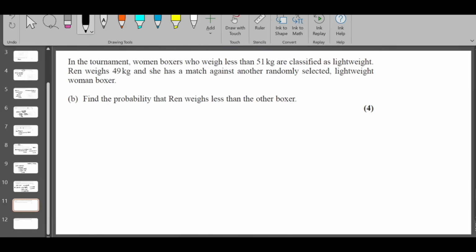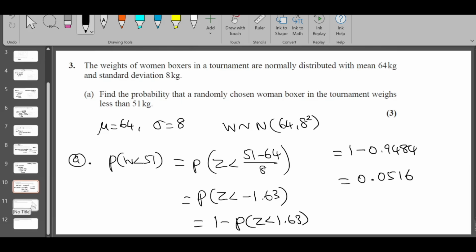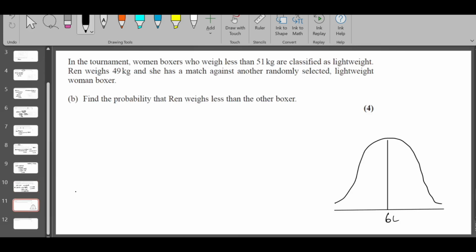In a tournament, women boxers who weigh less than 51 are classified as lightweight. Okay, let's plot this bell curve first. Draw the bell curve. We know mean is given here as 64. The question says anyone who weighs less than 51 kilogram, the people in this category are called lightweight boxers.